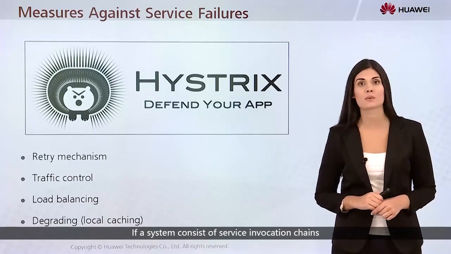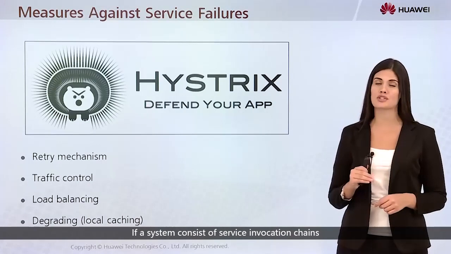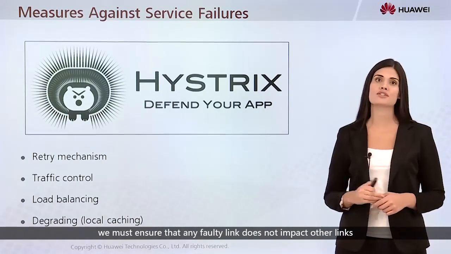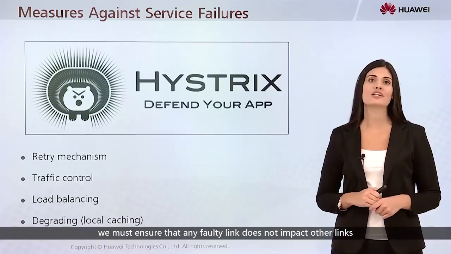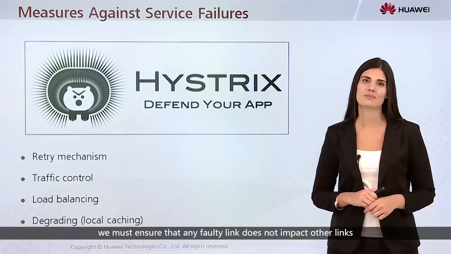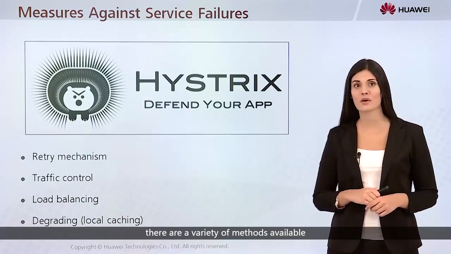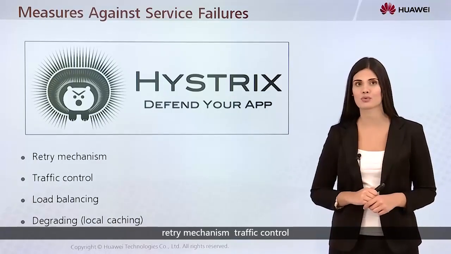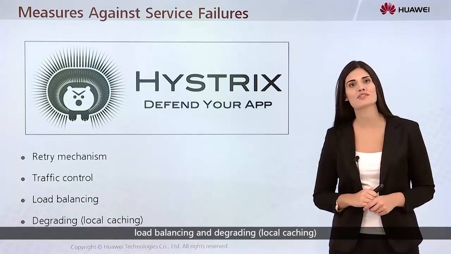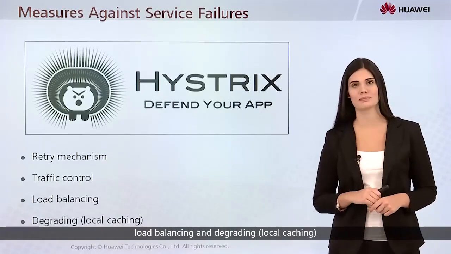If a system consists of service call chains, we must ensure that a failing link does not impact other links. For this, there are a variety of methods available: retry mechanisms, traffic control, load balancing, degrading, and local caching.